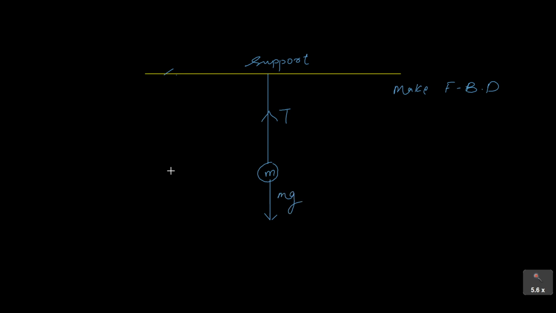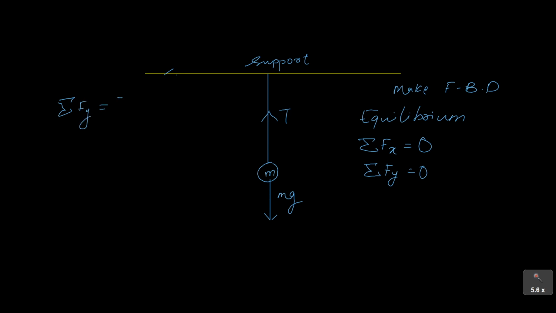You see there is no force in x direction, and we consider this body to be at equilibrium. Therefore the net force acting in x direction will be 0, and the net force acting in y direction will also be 0. In x direction we do not have to do anything because we do not see any force acting there, but for the y direction we can write the equation of force.